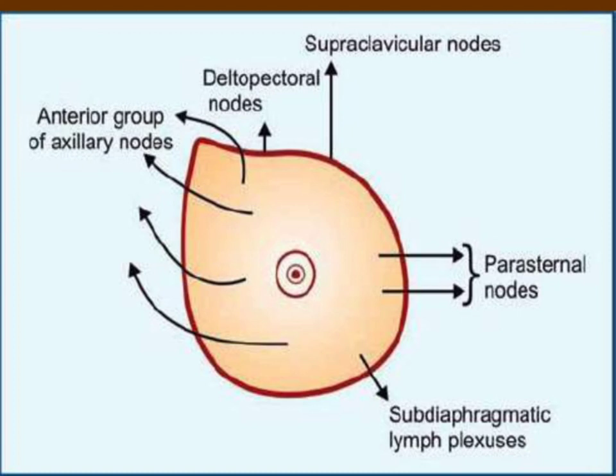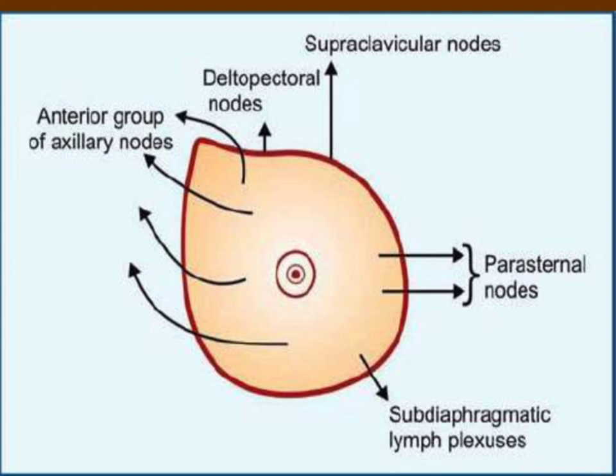Now some clinical guidance regarding breast lymphatic drainage, because lymphatic involvement brings survival to less than 50% once the lymph node is involved in any stage. You see the anterior axillary group of lymph nodes, deltopectoral, supraclavicular, parasternal nodes, and the subdiaphragmatic lymphatic plexus.